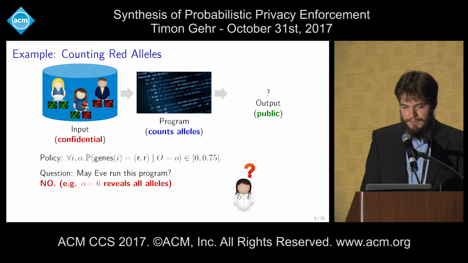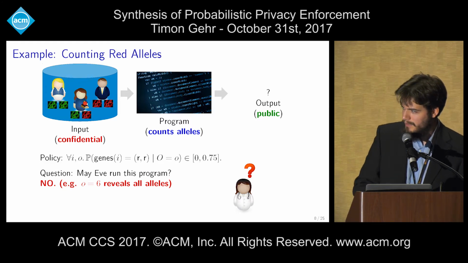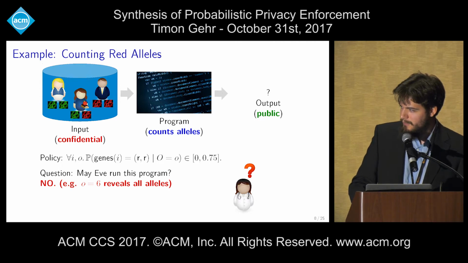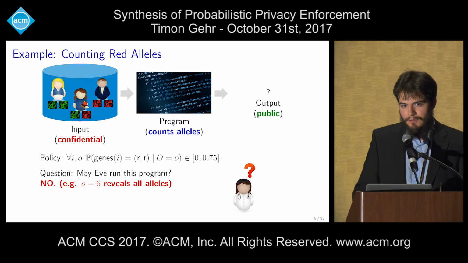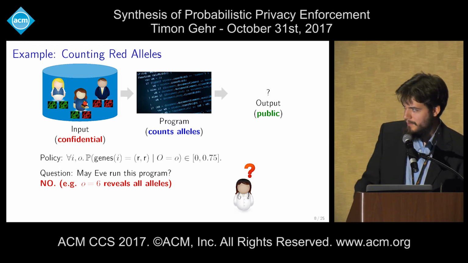Now the question is, may Eve run this program? And the answer is, of course, no, because if the output would be 6, then this would actually reveal all alleles deterministically. So we would know that with probability 1, all the alleles in the database are red, because that's just the number of alleles that are there in total.